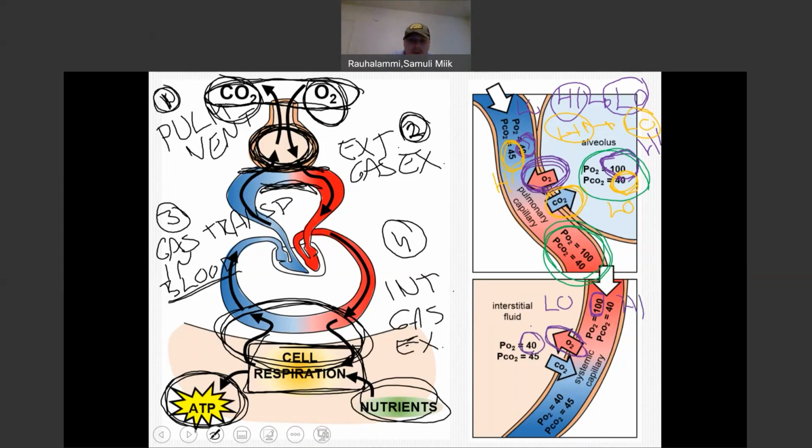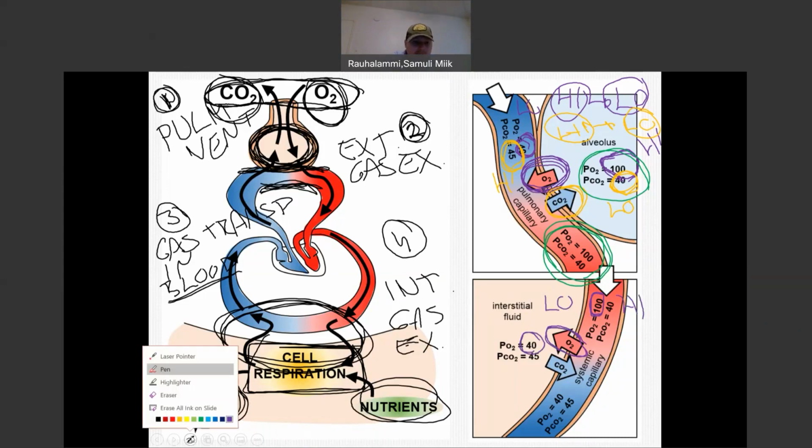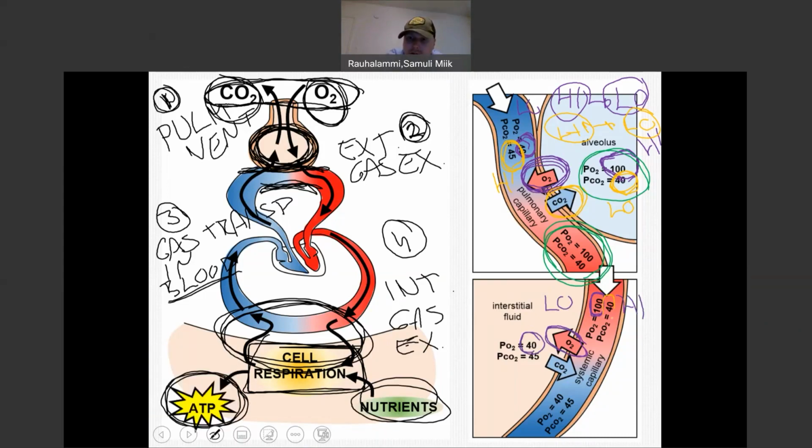So it's this partial pressure difference that's driving this exchange. The direction is going to be opposite. If we look at the partial pressure of carbon dioxide, it is 40 in the air around us, and therefore in the blood that's leaving the pulmonary circulation, and 45 in the tissues. So from areas of high to areas of low, carbon dioxide is going to be picked up by the blood in the systemic capillaries and then transported to the lungs.